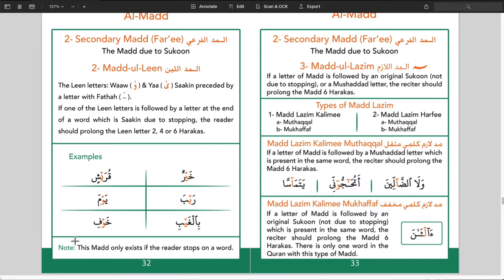Okay, so this mad, as the previous one, only exists if the reader stops on a word. Again, for all those words, if I had to continue reading another word, it will cancel the mad al-Leen.